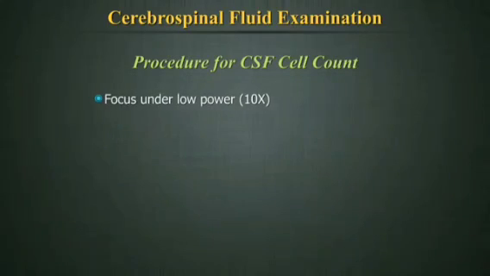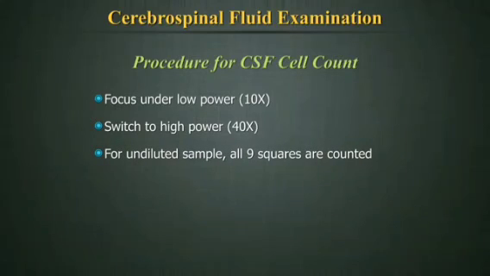Focus under low power and adjust condenser and diaphragm for maximum visualization. Switch to high power or 40x. Adjust if necessary. And for an undiluted sample, usually all 9 squares are counted.